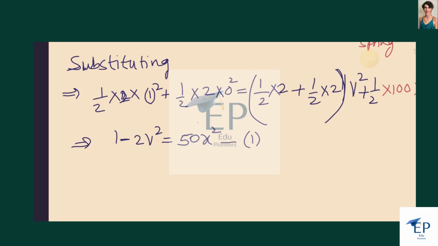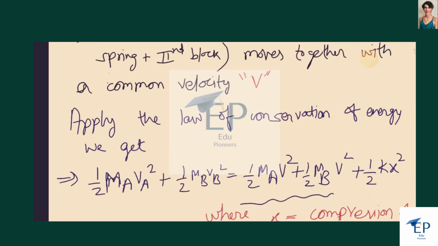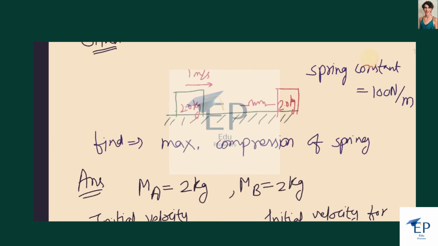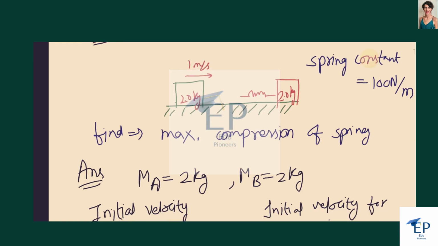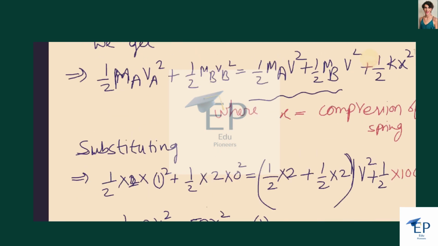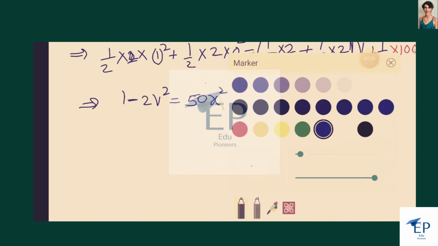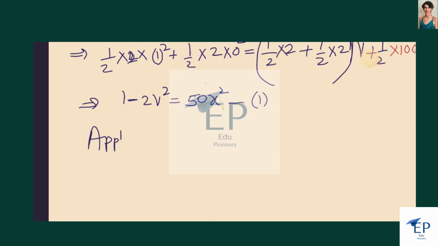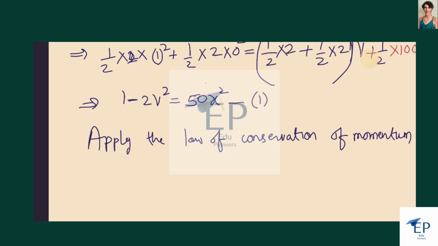Now as you see in the figure, no external force is acting in the horizontal direction, which means momentum is conserved. So apply the law of conservation of momentum: initial momentum equals final momentum.